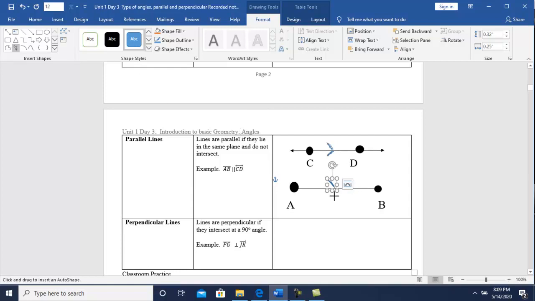It doesn't have to be one. You can do two. For example, the notation would tell us that these two lines are parallel to each other.